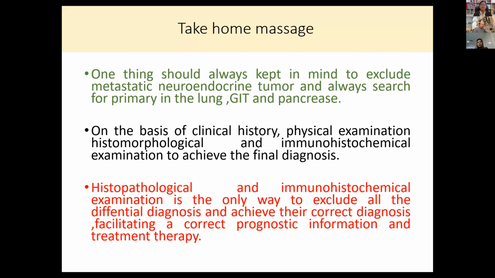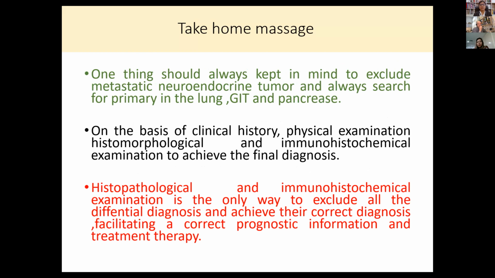The take-home message of the case is that the pathologist should always keep in mind to exclude metastatic neuroendocrine tumors and always search for a primary in the lung, GIT and pancreas.